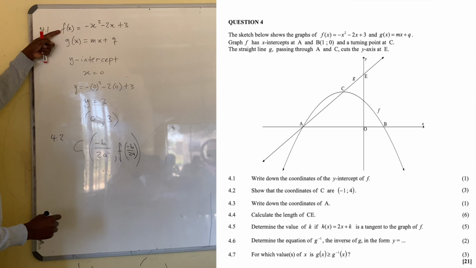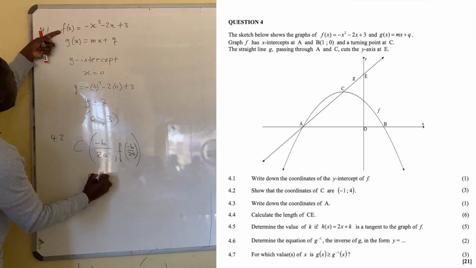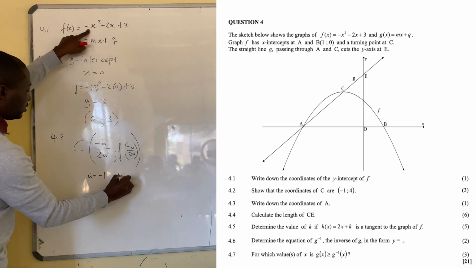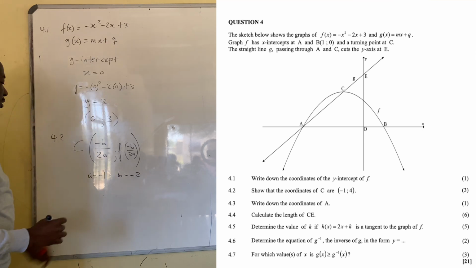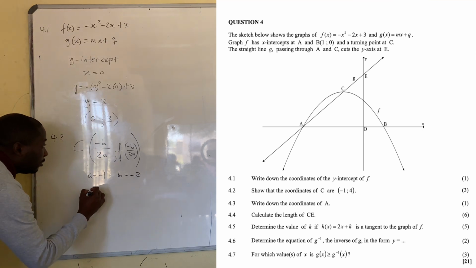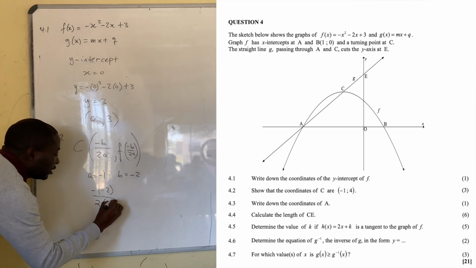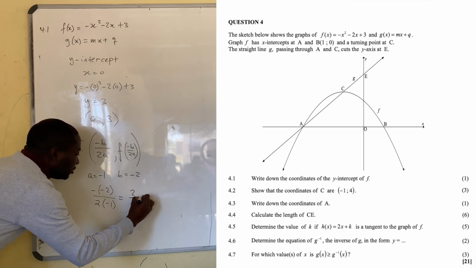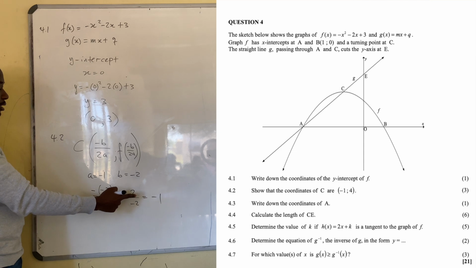Now, from our equation, what is a? It is the coefficient of x squared, so this is negative 1. What is b? Negative 2, the coefficient of x. So, what is negative b over 2a? It would be negative negative 2, over 2 by negative 1. So that is 2 over negative 2, which is equal to negative 1. So that's the x coordinate.